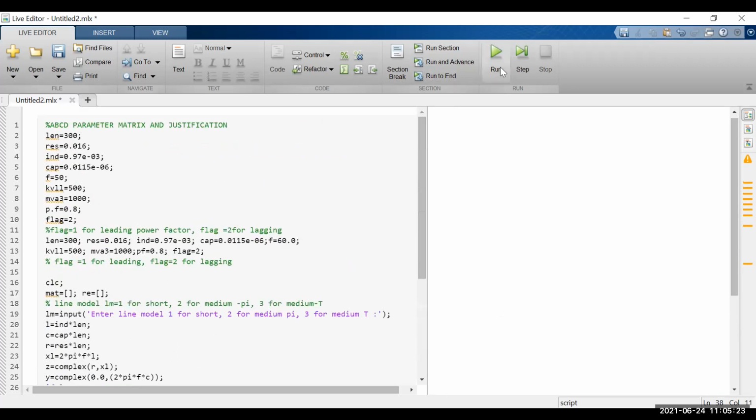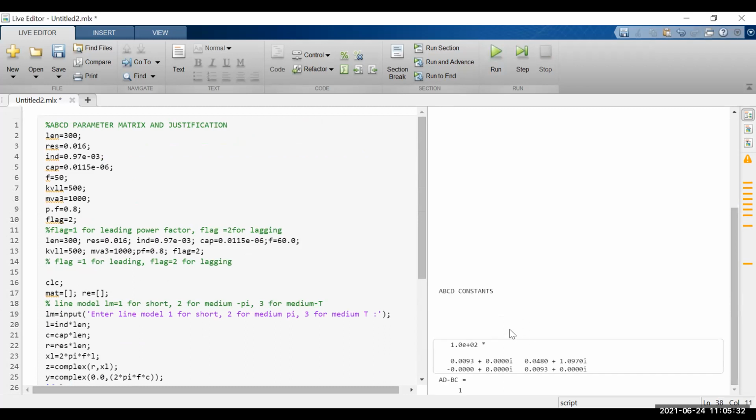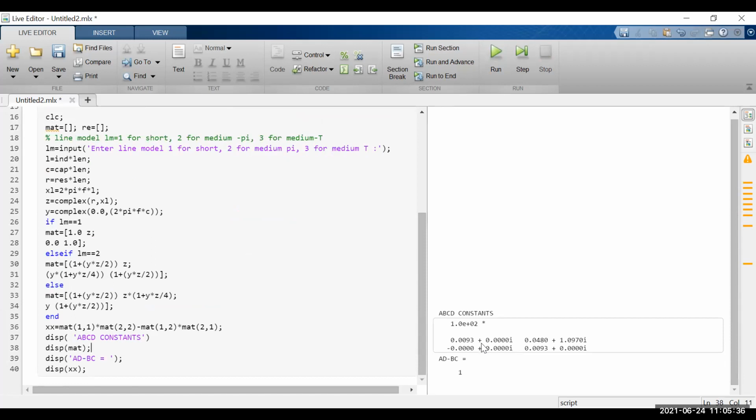Okay, this is your matrix. We'll give two values, so you could assume that values are changed. Okay, this is your ABCD and this is your code and this is the matrix. This is your ABCD matrix, and we could get that AD minus BC equals to 1.